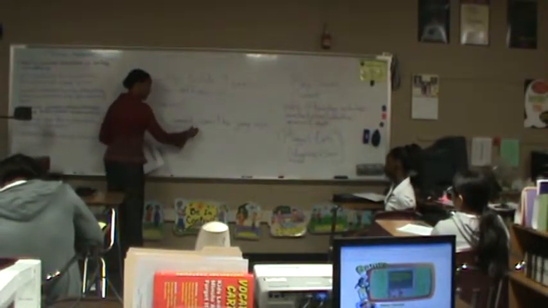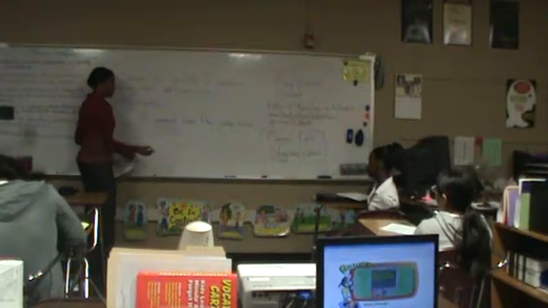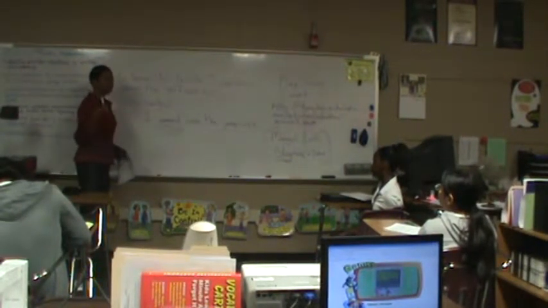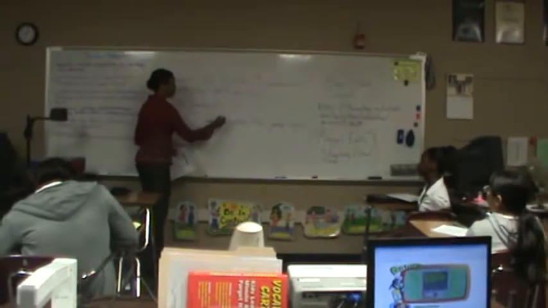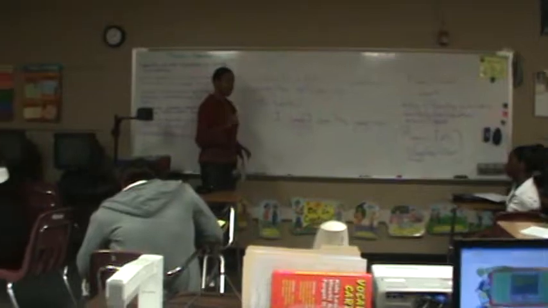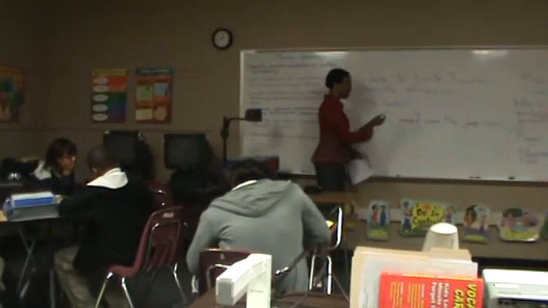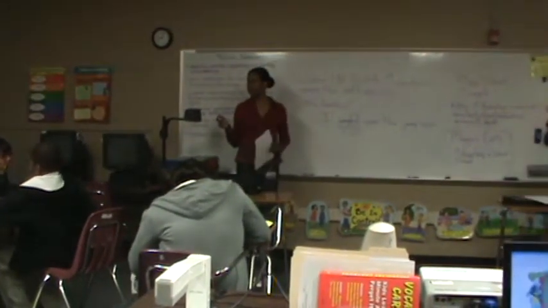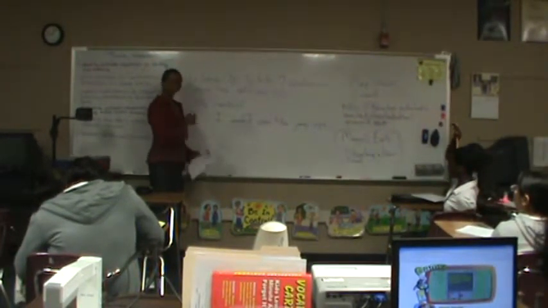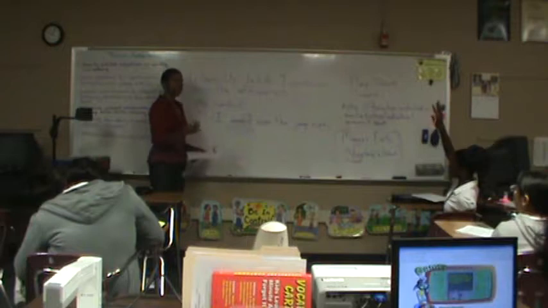This is the verb, which we're going to talk about more, but jump. We know what jump means, right? But she added ed, which is the suffix, and that's the past tense form of jump. That means it already happened. The ed lets you know it has already taken place.